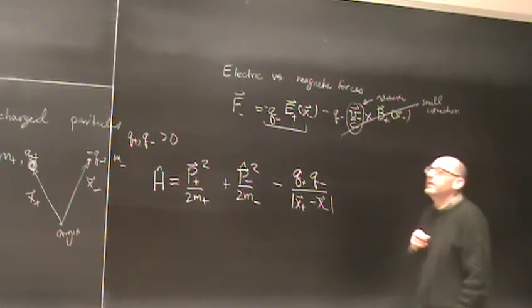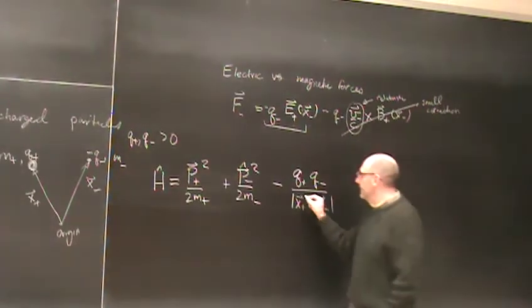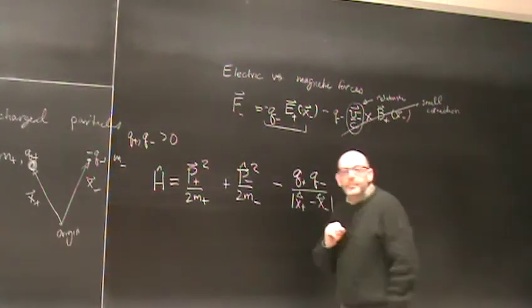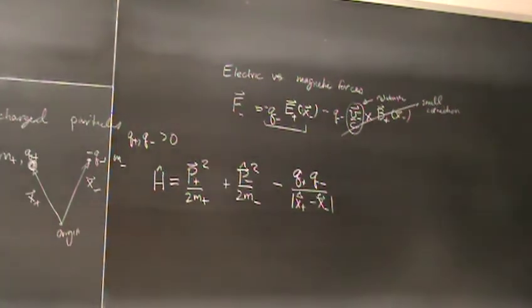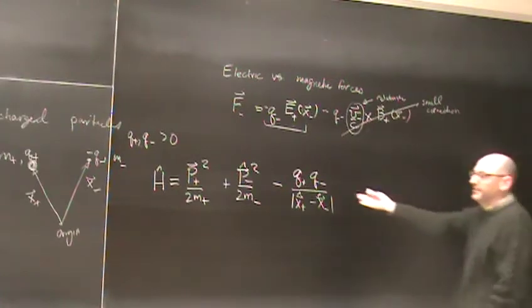Okay. Is this Hamiltonian separable in the 2 degrees of freedom, one for the positive charge and the negative charge? No, it's not, right? Because we have this term here. It's not the sum.